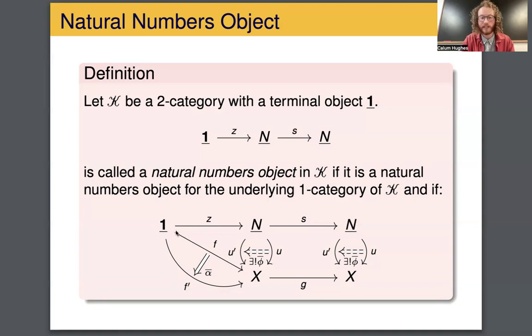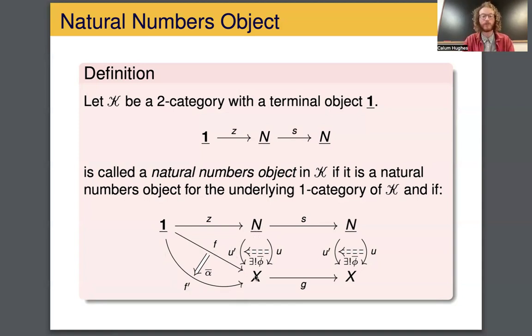So if we have f and g, then if N is a one-dimensional natural numbers object, we get a unique u from N to X. If we also have an f prime followed by g, by the one-dimensional universal property of the natural numbers object, we get a u prime from N to X.